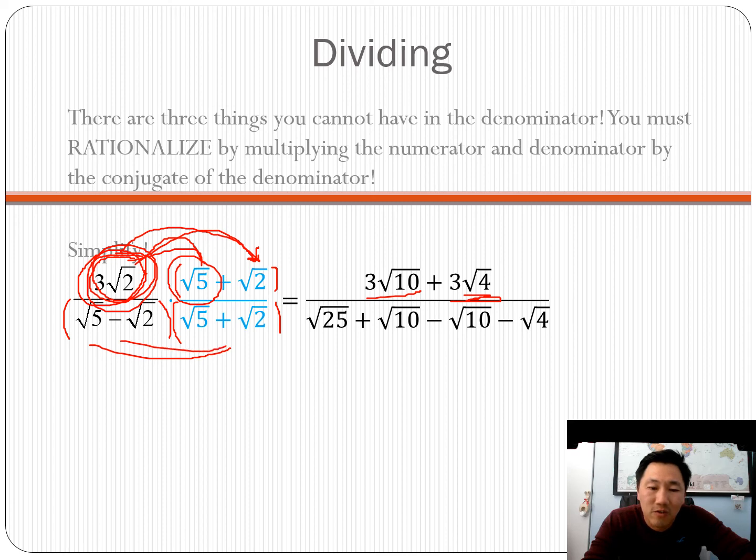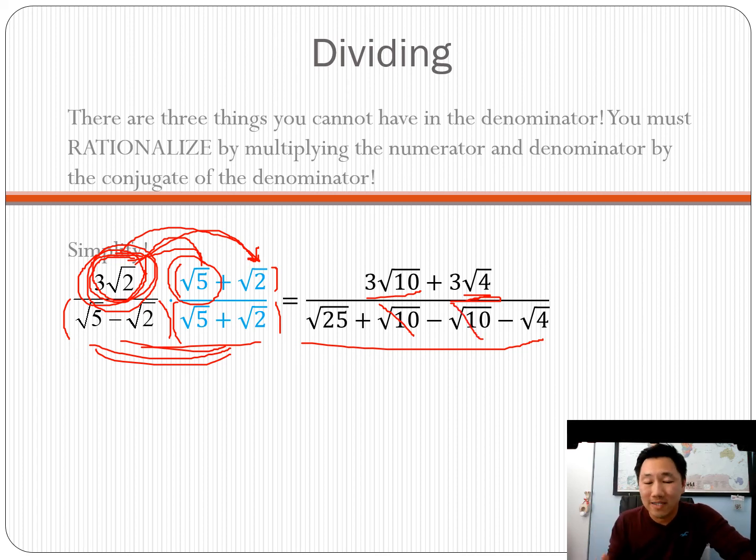And then the bottom you just FOIL to get this thing. And the way the conjugate works is that this term and this term will always cancel each other out. And then this term and this term will always be perfect.